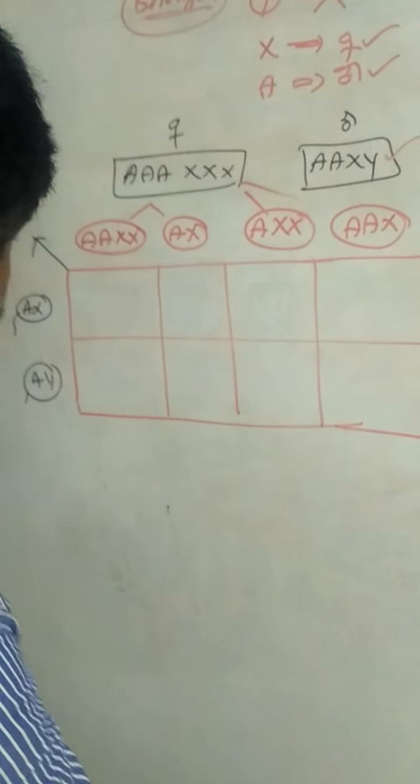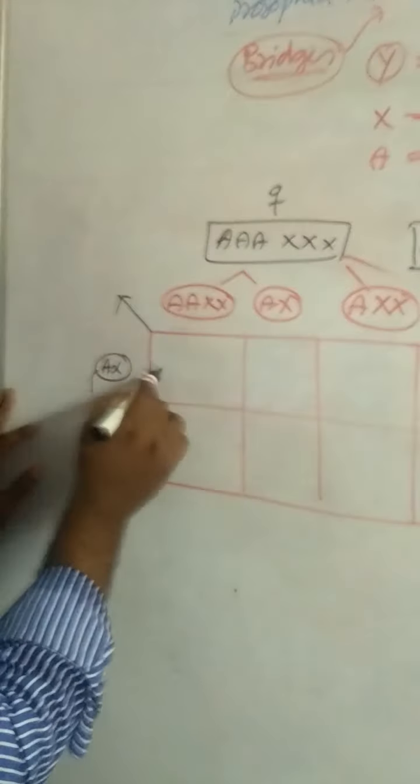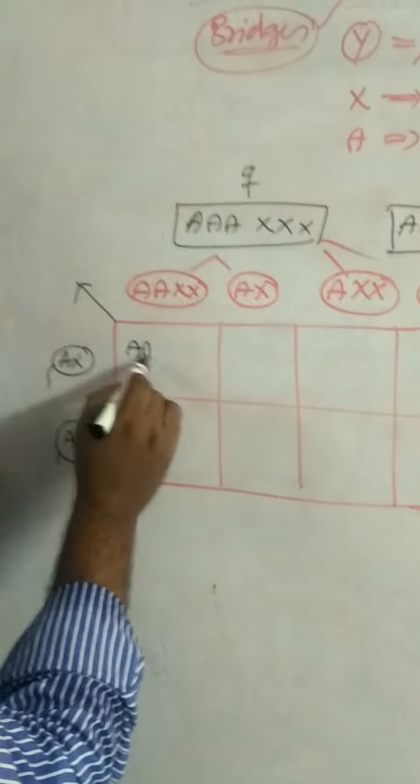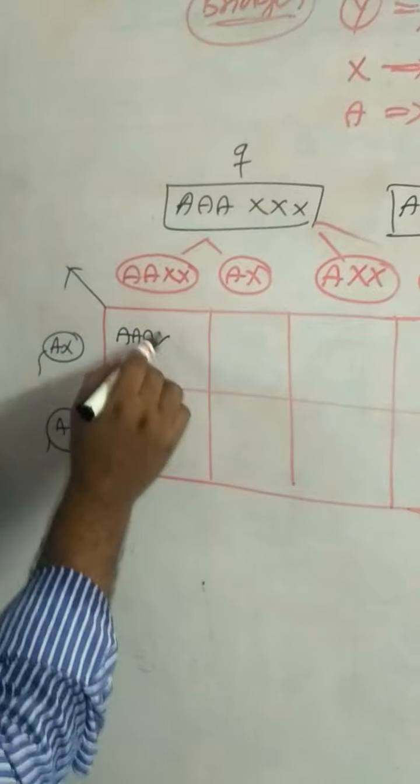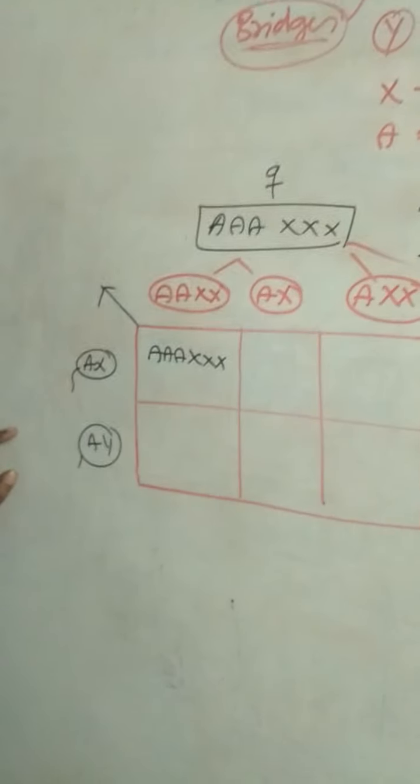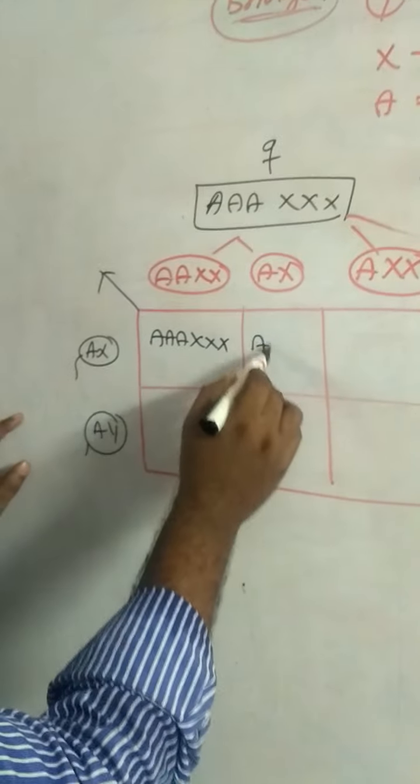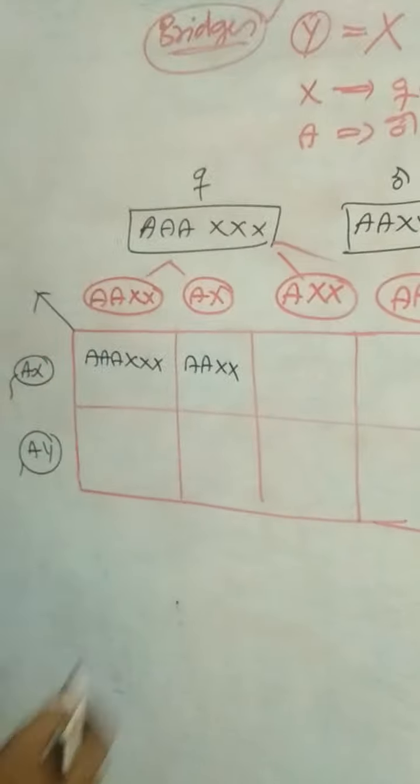First box, 3 autosomes and 3 X chromosomes. Second, 2 autosomes XX.